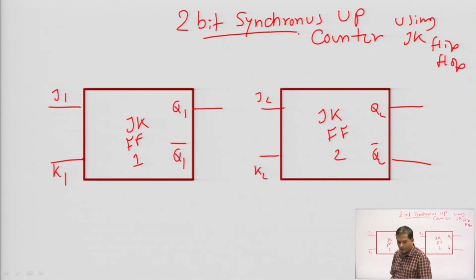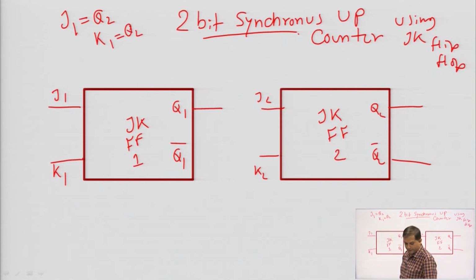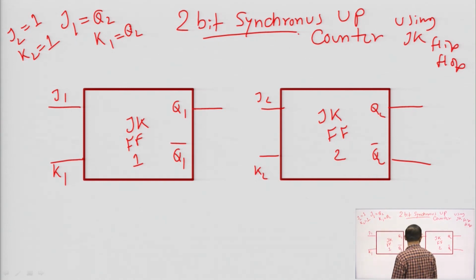Now, we go back to the equations we have got: J1 is equal to Q2, K1 is equal to Q2, J2 is equal to 1 and K2 is equal to 1. So, this is Q2, right.